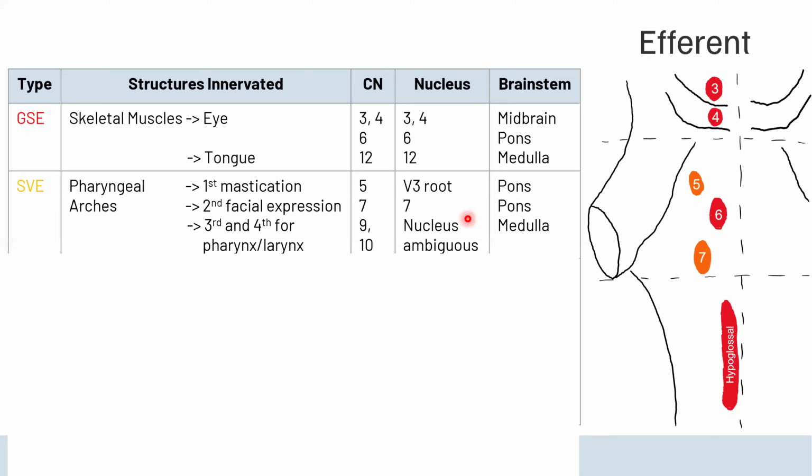Okay? Lastly, both cranial nerves 9 and 10 are going to join together from what is known as the nucleus ambiguus. This nucleus ambiguus is called ambiguous because it doesn't really have a specific shape. They're not really sure what comes from it. They're like, it's kind of ambiguous.